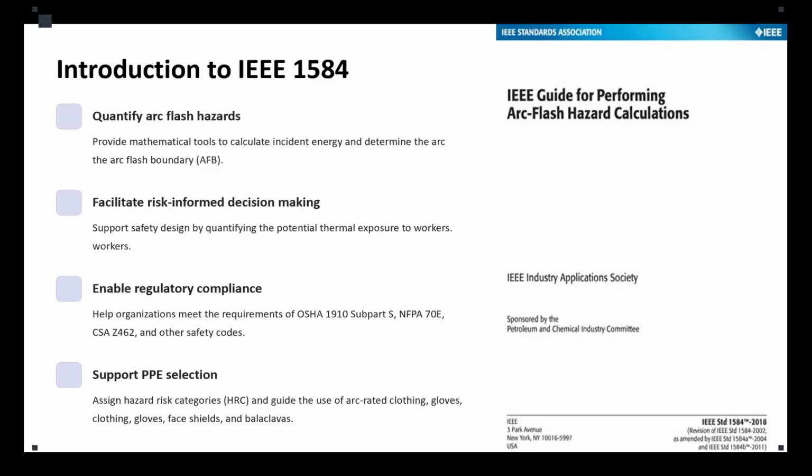For example, if a calculated energy level is 8 calories per square centimeter, then we have category 2 PPE, so we have to follow that category, and anything less would leave the workers exposed to a dangerous situation. We are going to talk about those limits and what we mean by category 2 in the upcoming slides.